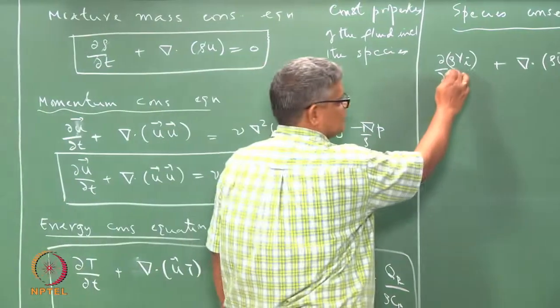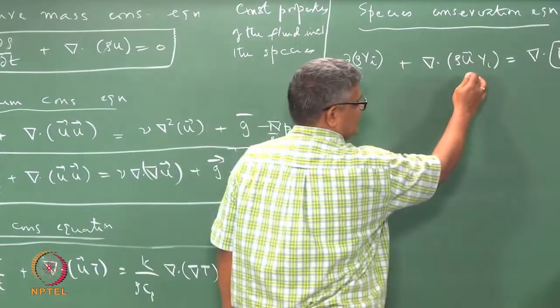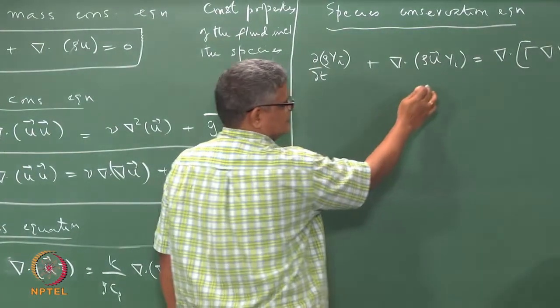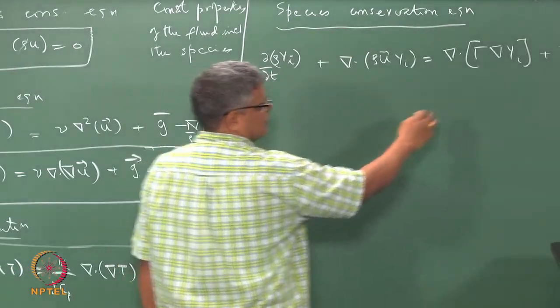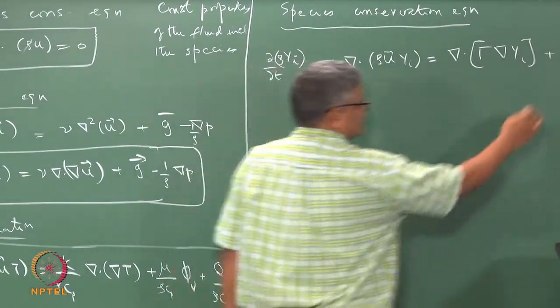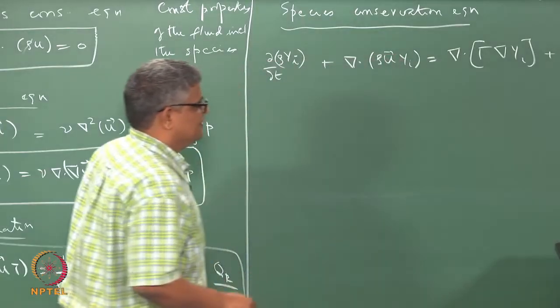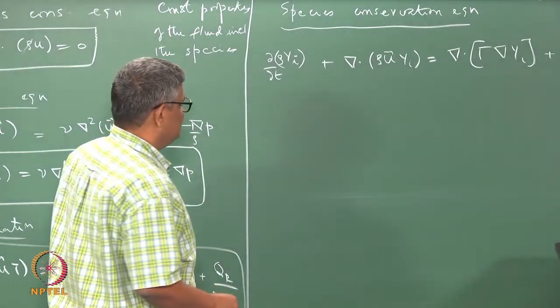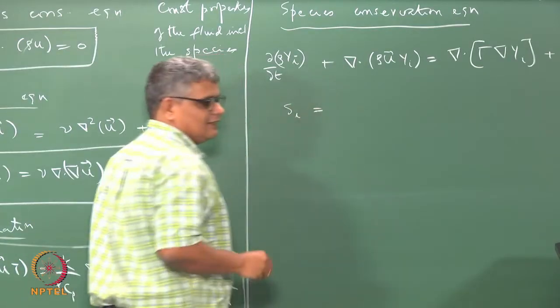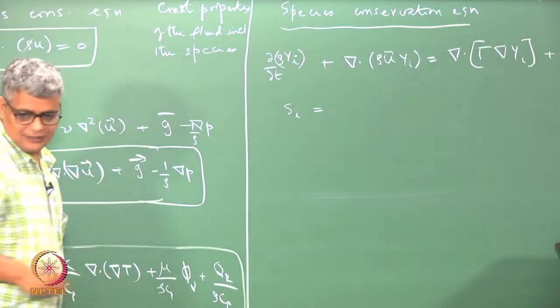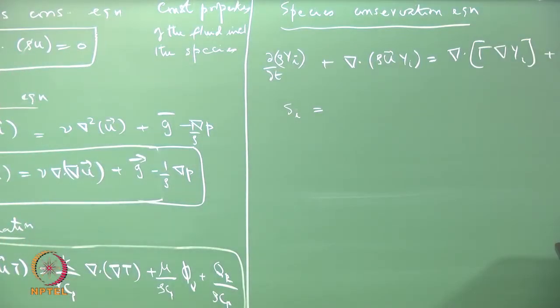And so this is the mass fraction of the species, and something coming in and going out because of the flow and diffusing, and S is essentially the rate of formation, and we need to have an expression for the rate of formation of this species here.